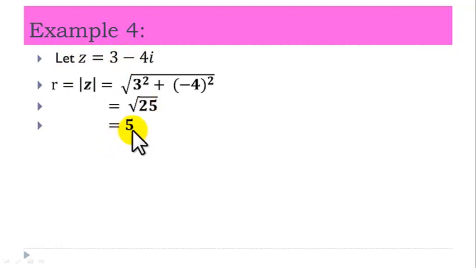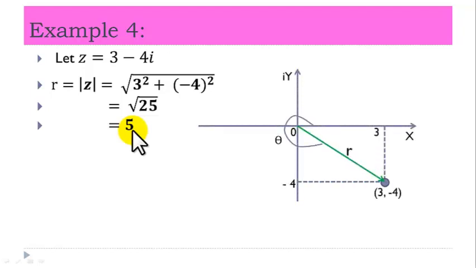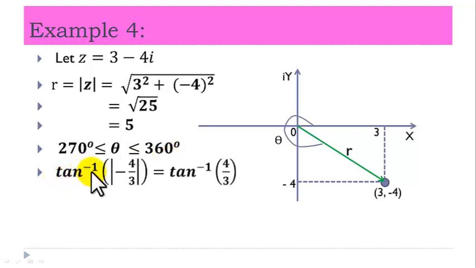Again, to compute the argument, let us have the Argand diagram as shown here. Observe that our vector this time is in the fourth quadrant. That is, this angle theta is greater than or equal to 270 degrees but less than or equal to 360 degrees. Again, we have to compute arctan of the absolute value of y all over x, that is minus 4 over 3.